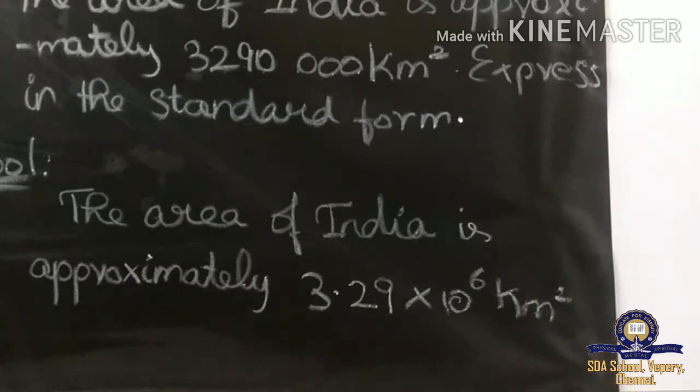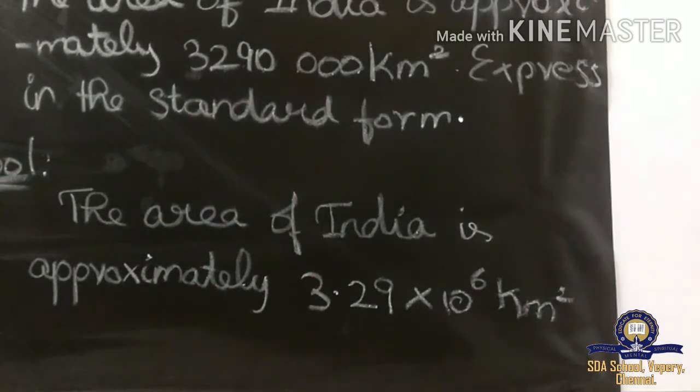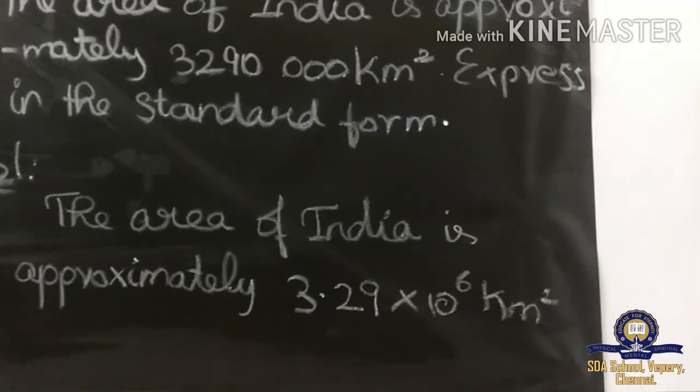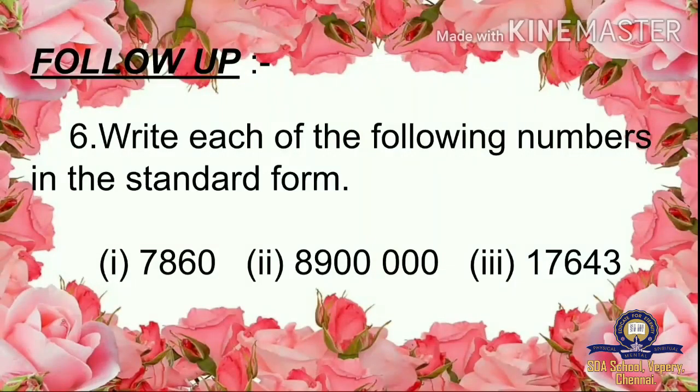You should put the unit, okay? You should not write without units, okay? So the area of India is approximately 3.29 into 10 power 6 kilometer square. Here is your follow-up work.